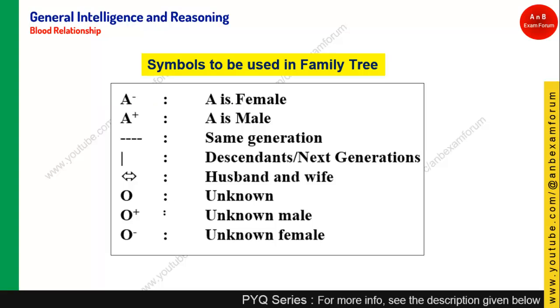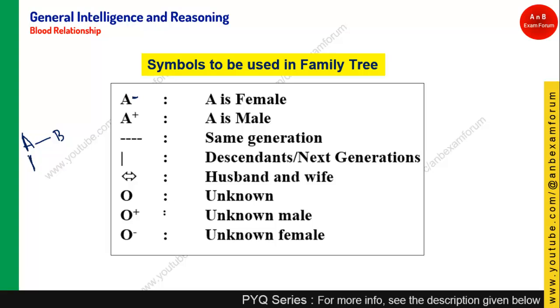So the first is negative. Whenever you put a negative, it represents that A is female. Plus is male, meaning A is male. If they are of the same generation, like if I make A dash B, it means they are of the same generation, either sisters or cousins. There is a different symbol for husband and wife. For the next generation you need a vertical line.